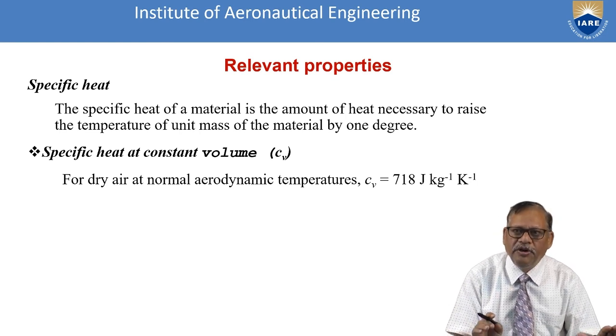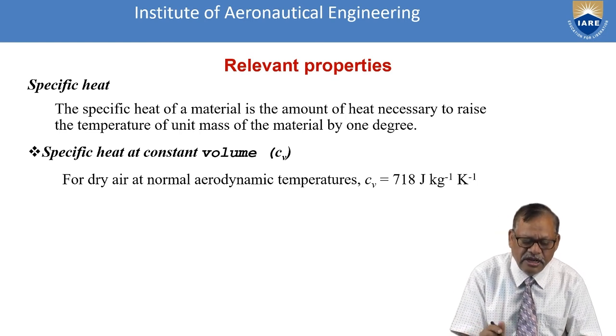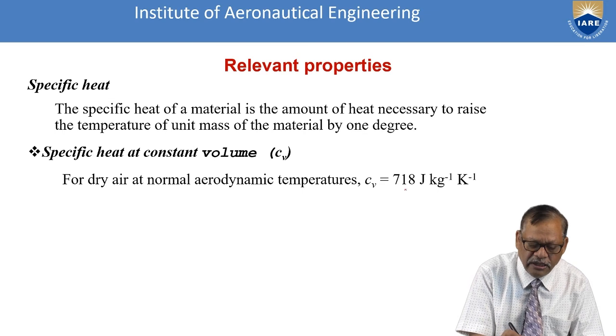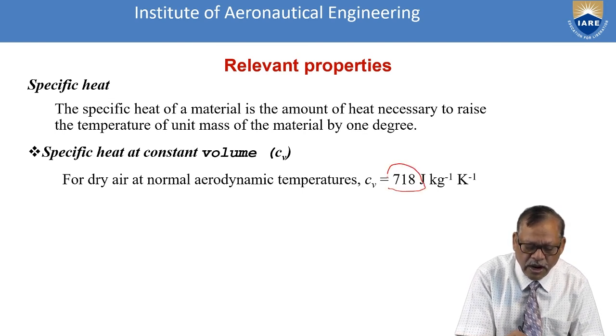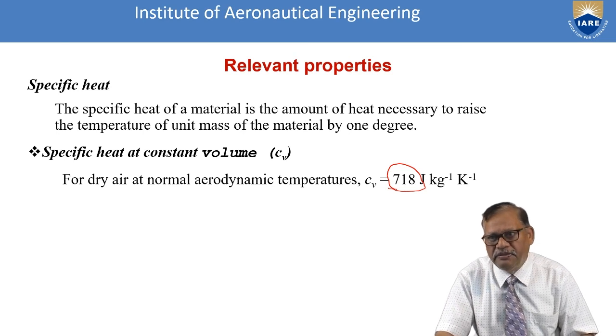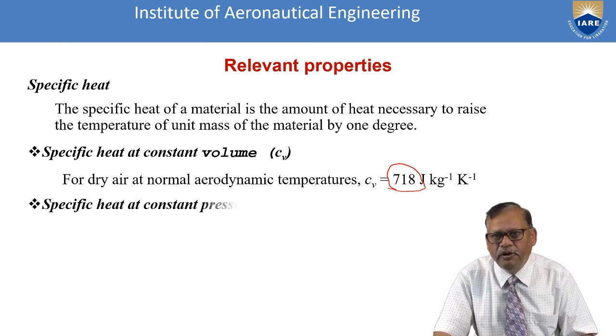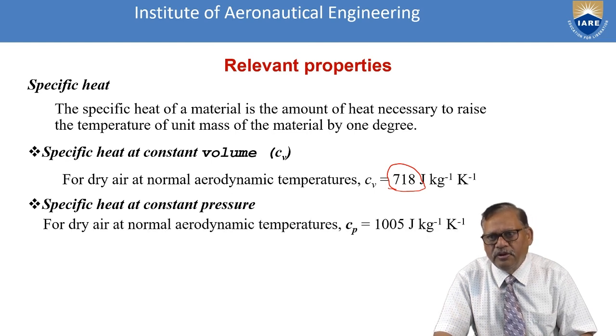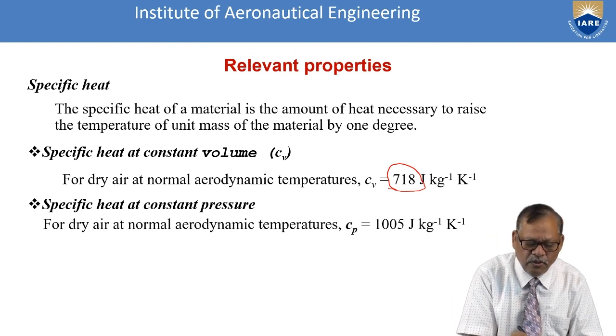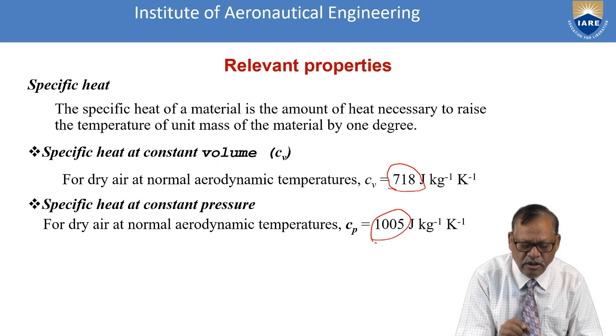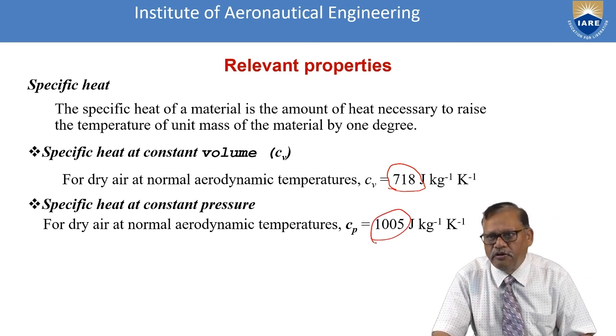It is 718 joule per kg per Kelvin for CV. Similarly, the CP value is 1005 joule per kg per Kelvin.